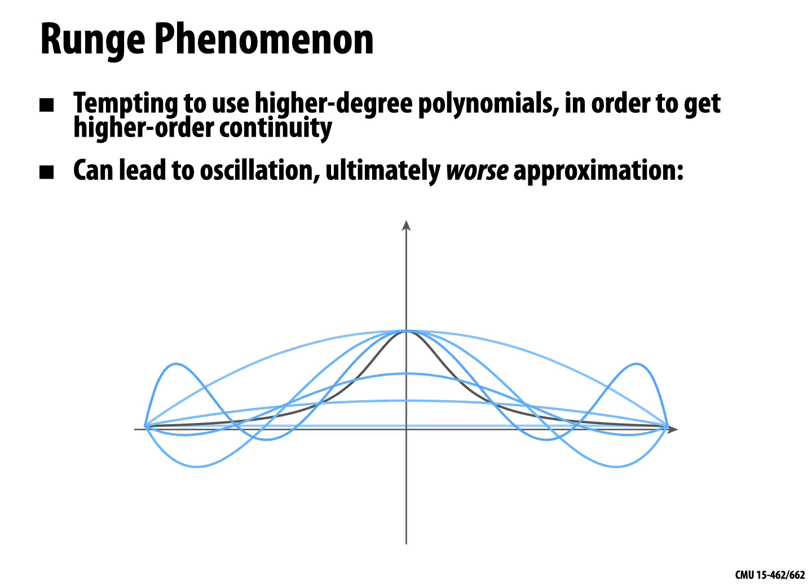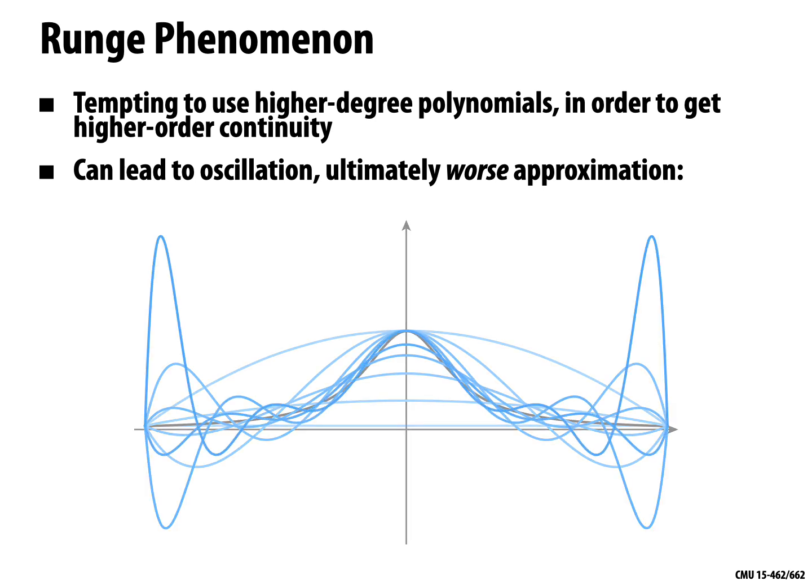But as I go up, I notice that near the endpoints, I get these oscillations, and they get wilder and weirder as they go on, even though overall my function is doing a better job approximating the target function. So generally, high degree polynomials are something you want to avoid when approximating data or functions, because even though they behave nicely in some local neighborhood, they start to have these wild oscillations as you get further from that center point.